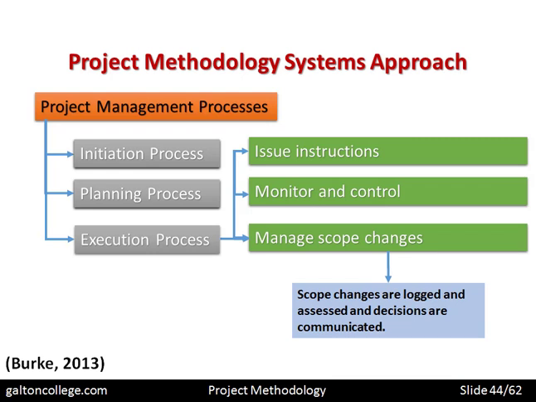Also, to manage scope changes. Scope changes are logged and assessed and decisions are communicated. Sometimes the project is aiming to achieve certain outcomes and management may want to change it to achieve additional output or additional functions. It may think that this project is suitable if it's amended to do something else as well.